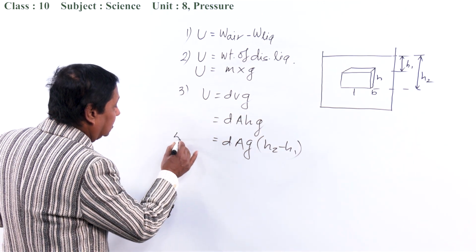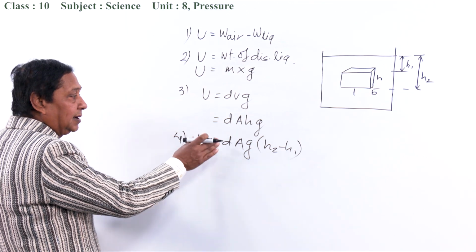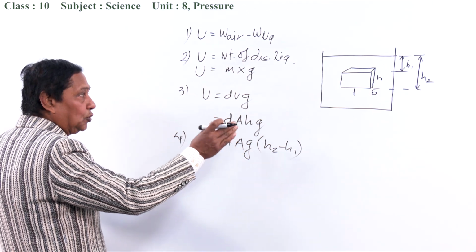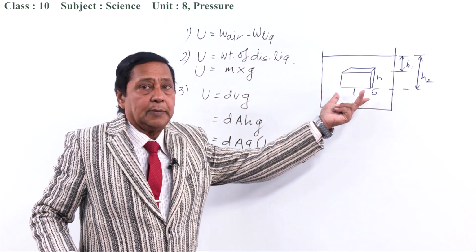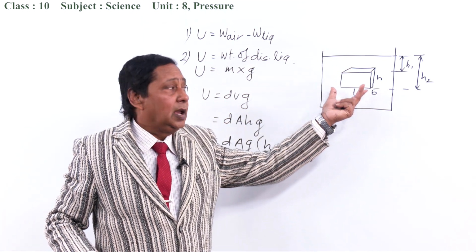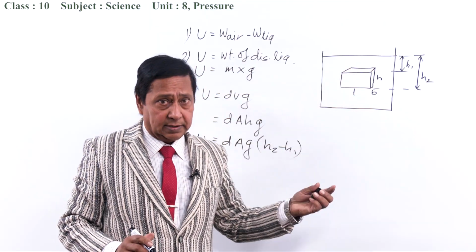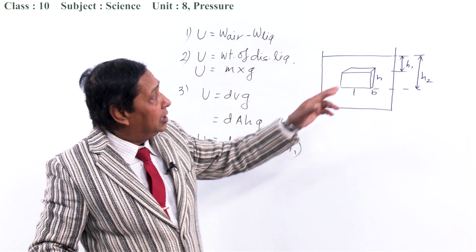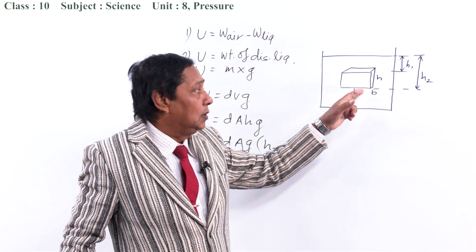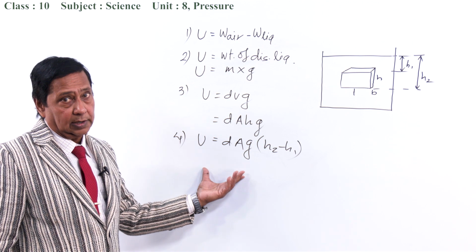So, we can use this equation also to solve the numerical problem: thrust equals dgA(H2 minus H1). Maybe a diagram is given, and if the height from the surface to the upper surface of the body is given, and the depth of the liquid from the surface to the lower surface of the body is given, then you can use this formula also.